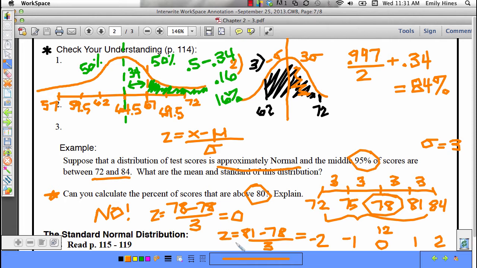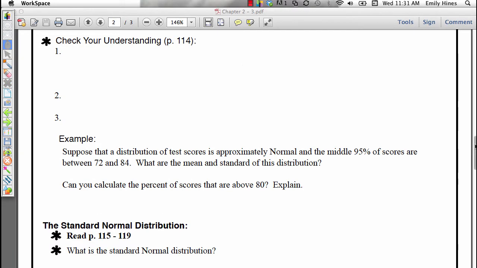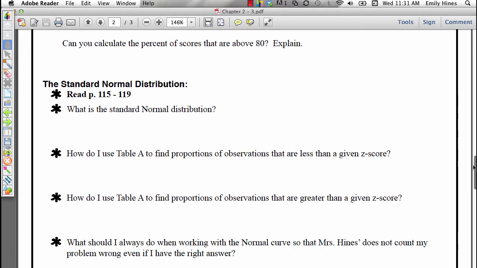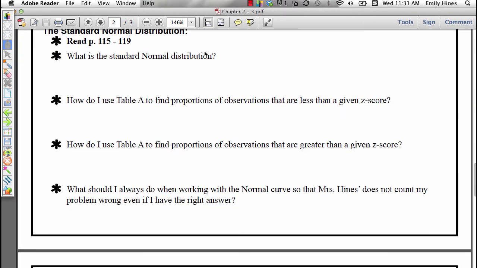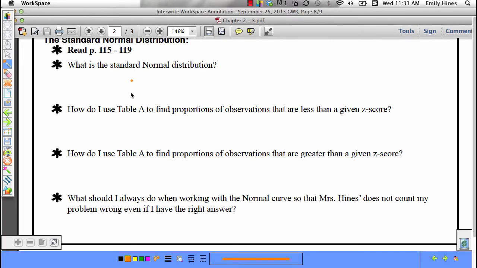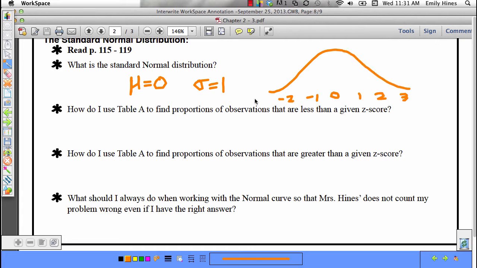So by subtracting and dividing, I'm changing the mean here from 78 to 0, and I'm changing the distances between all of them to 1 standard deviation apiece. Okay, so that turns this into the standard normal distribution. The standard normal distribution is a normal distribution with a mean equal to 0 and a standard deviation equal to 1, and I get that by turning all of my data points into z-scores.